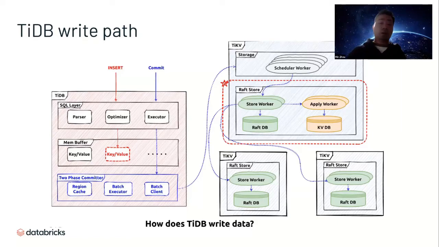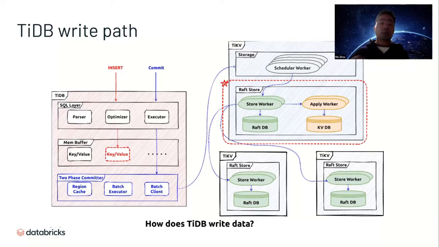The raft log and the real data will be written into the KV storage. And both of them are backed by RocksDB. So on the left side, the raft log is written in RocksDB, and the KV side is also written into RocksDB.